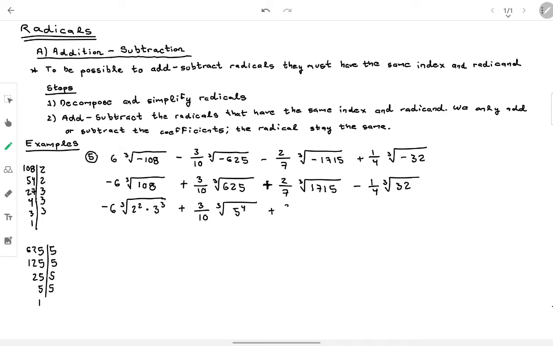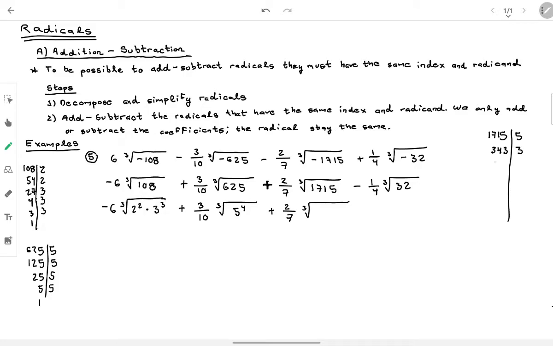Then it's going to be 2 over 7 that multiplies the cubic root, and let's see. Divided by 5, 343.